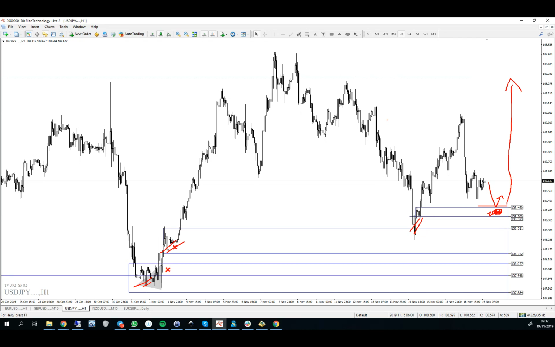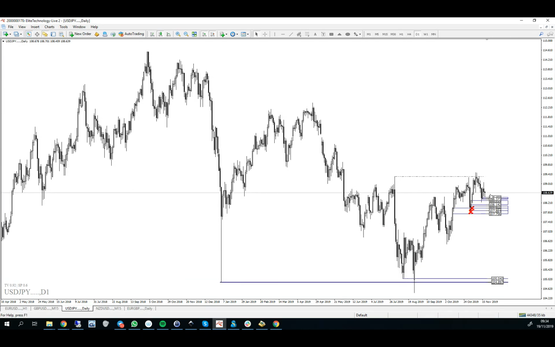for a swing for buys, and try to take a very long-term trade with a lot of potential here.